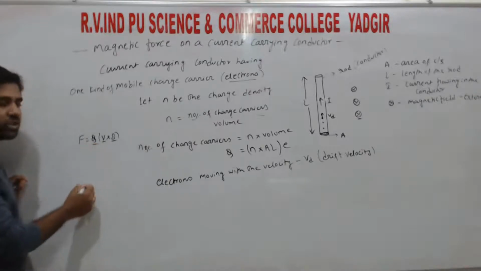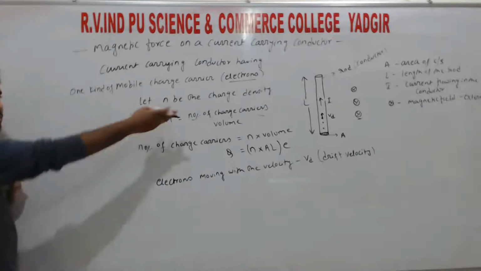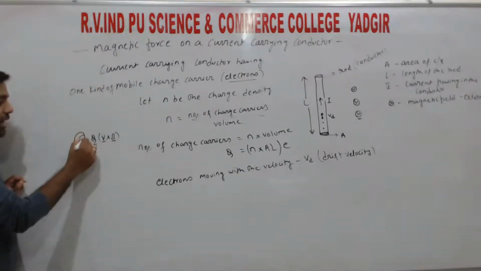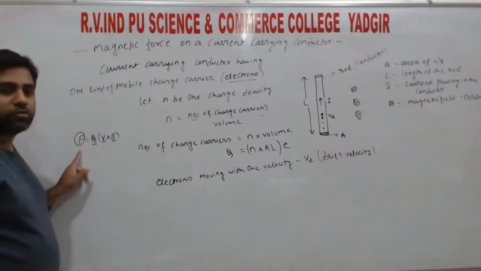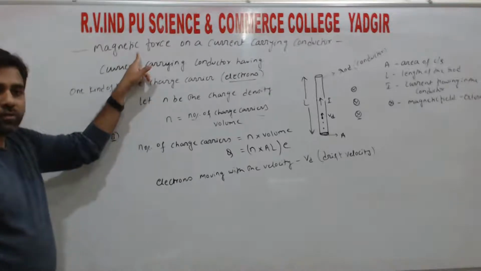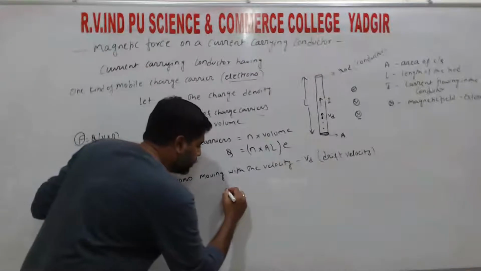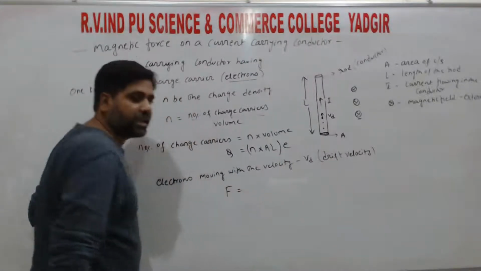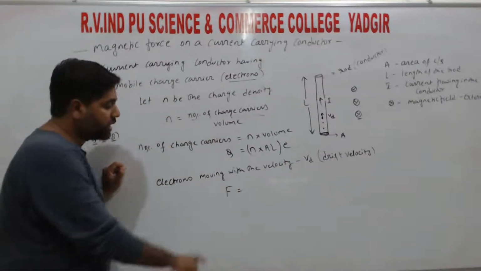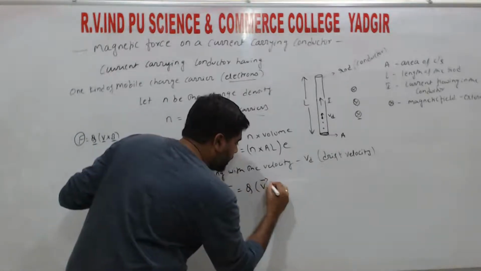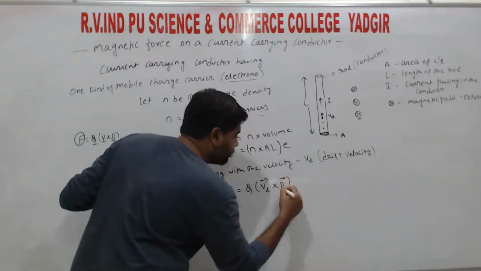All these terms are present in the current carrying conductor, hence the conductor experiences a force. So the force experienced by the current carrying conductor is F equal to Q into Vd cross B, right?